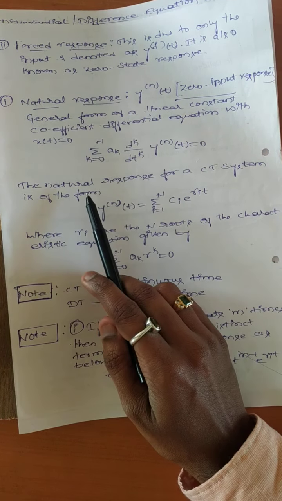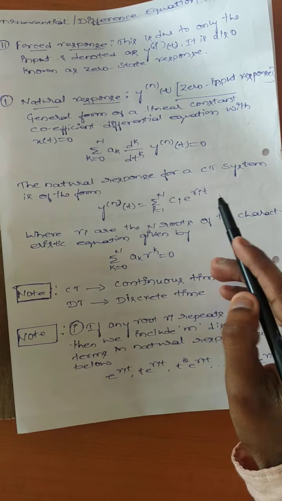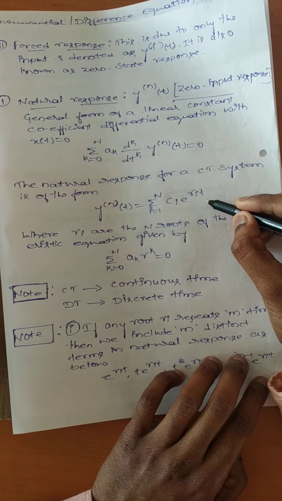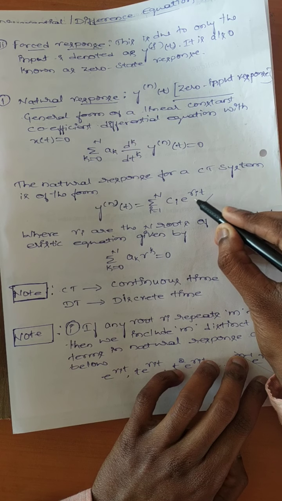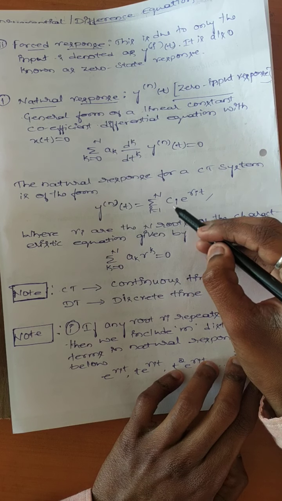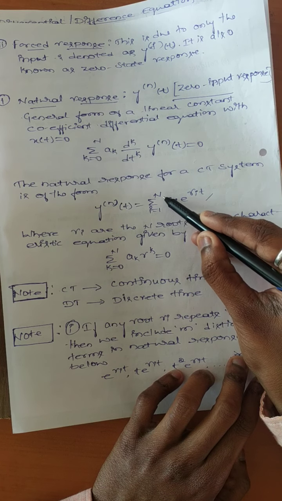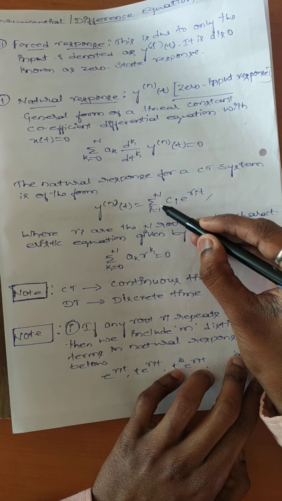Look at this equation. The natural response for a continuous time system is of the form: the summation of ci e to the power of ri into t, from i equals 1 to n, not 0.